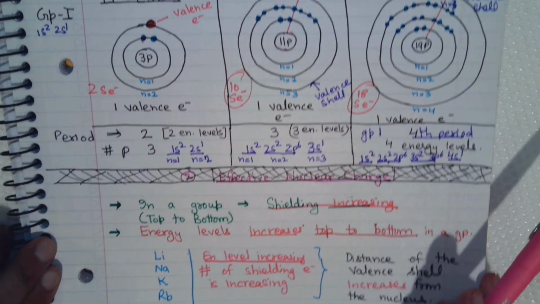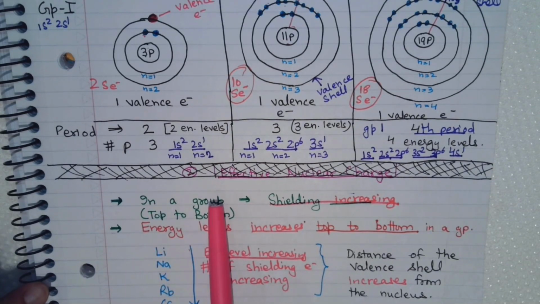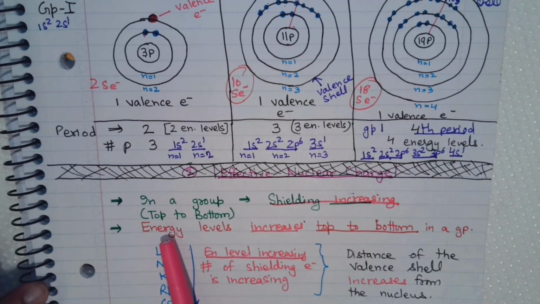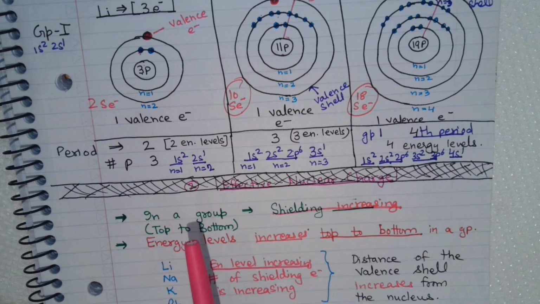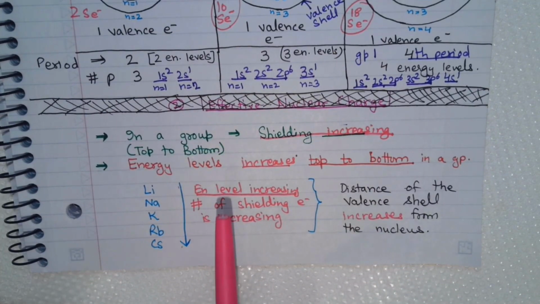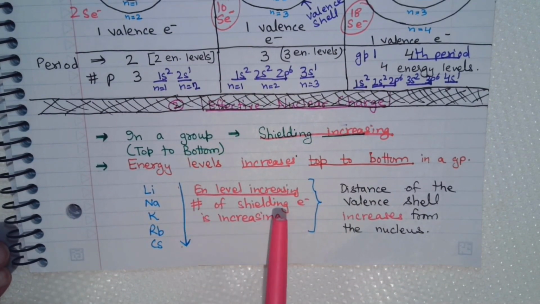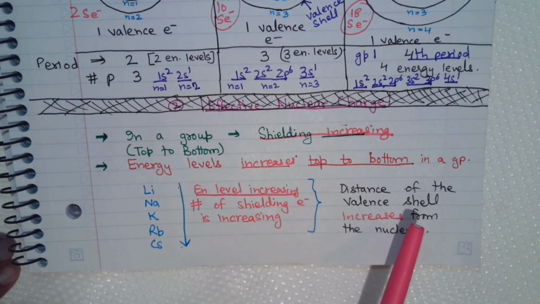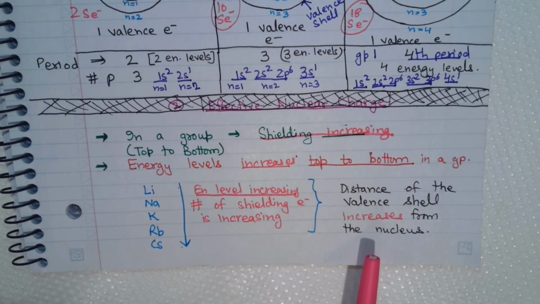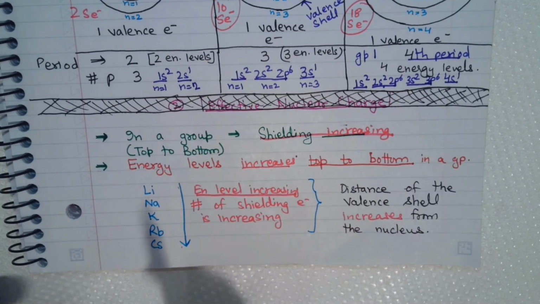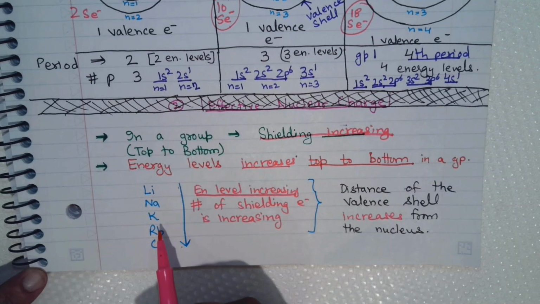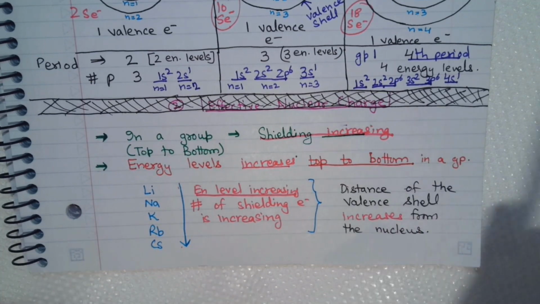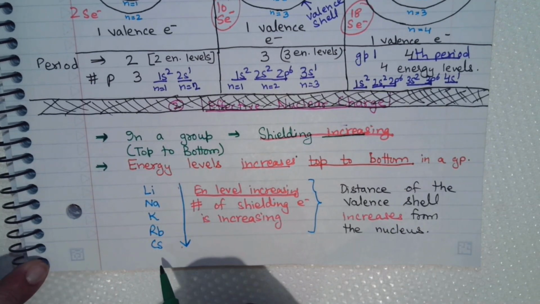So all you have to know for the shielding effect is that shielding effect increases from top to bottom in a group because energy levels increase from top to bottom, and since there are more and more energy levels as we are going down, the number of shielding electrons is increasing, right? And the distance of the valence shell increases from the nucleus. So the valence electrons are less and less attracted to the nucleus as we go down, right?